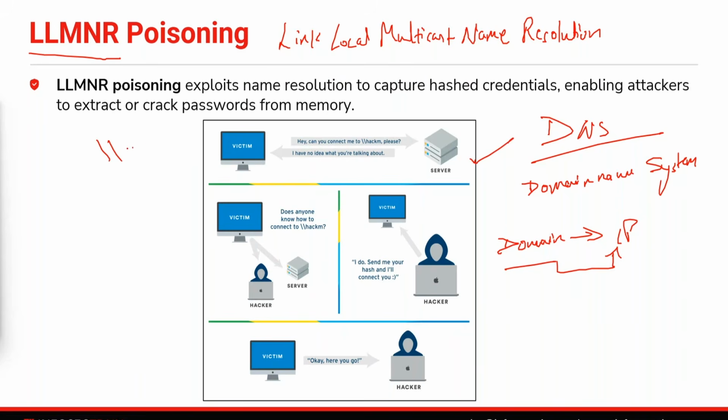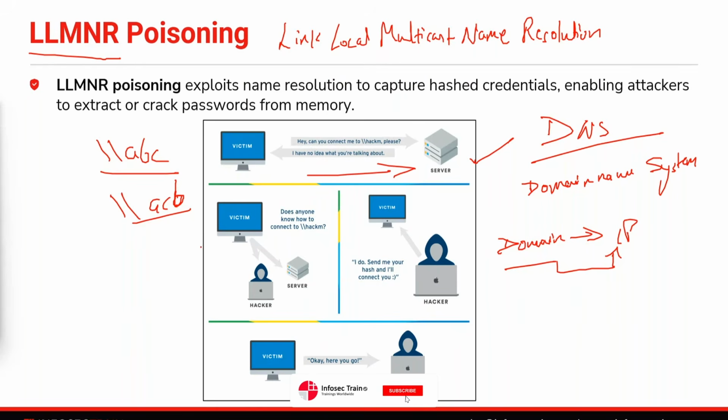The user says, let's say, I want to find \\ABC. But there is a mistake: accidentally, the user wrote \\ACB. Now that request will go to the DNS server, and the DNS server will say, I don't know what you're talking about. I don't have anything with the name ACB, so I don't know its location.